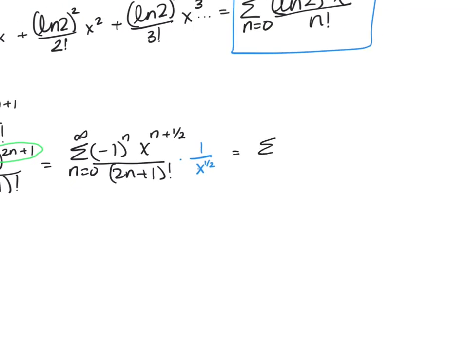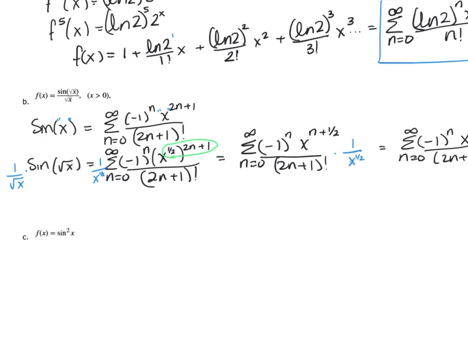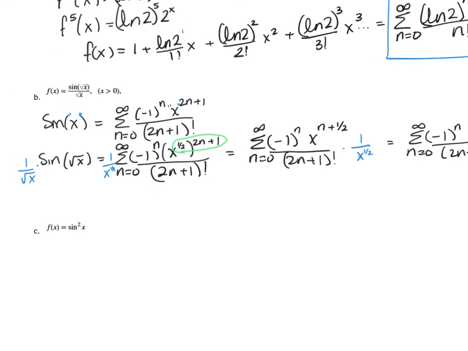This means this is the summation of n equals 0 to infinity of -1 raised to the n, and then just x raised to the n divided by 2n plus 1 factorial. Again, the reason I was able to do all of this algebra and not have to do the derivatives and try to evaluate it at some value when we're looking at 0 is because I already have a formula for the sine.